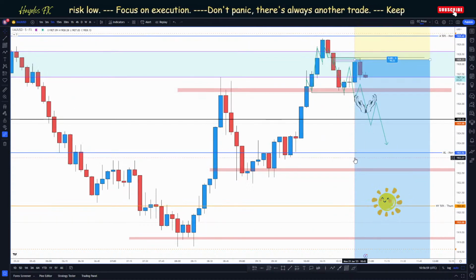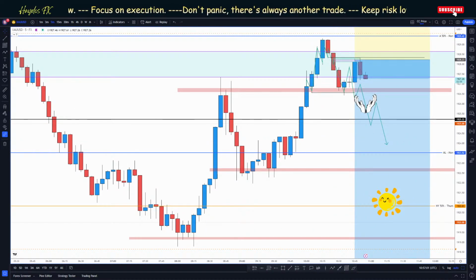But little by little, hopefully these time frames are going to support that selling bias. But it is risky, this is still risky, putting risk on the table against the trend. But we've got the hands there, we've got the sun down the bottom.